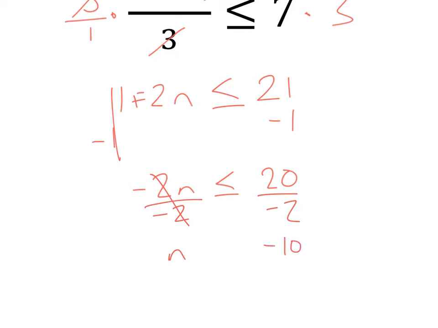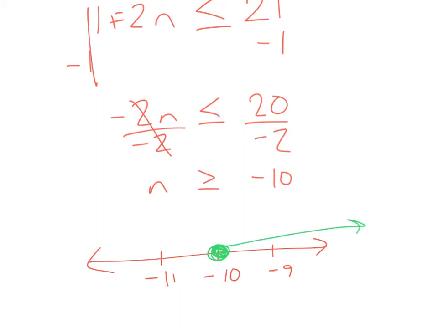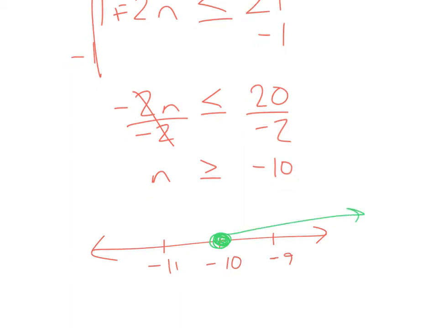And I divided by a negative, so flip the inequality sign. So n is greater than or equal to negative 10. Graphing this, we're going to have a closed dot, and n is everything greater than negative 10, so that would be negative 9 on up toward the positives. Okay, so there's the first 2.